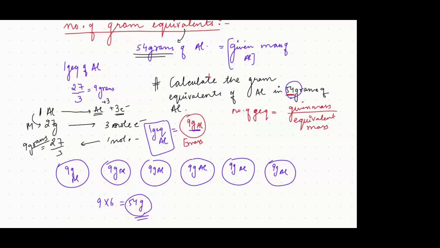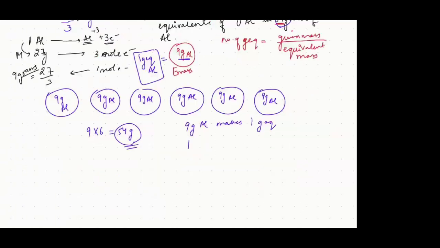So I would say that 9 grams of aluminium makes 1 gram equivalent packet. So 1 gram of aluminium would make, by the unitary method, 1 by 9 gram equivalents of aluminium. Therefore, how much would 54 grams of aluminium contain?